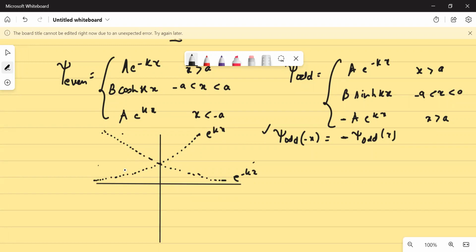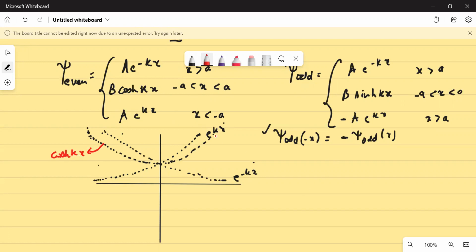If you want to make a sum of all these things, basically the sum will lie somewhere in between. At x equal to 0, it is equal to 1, and then it rises again on both sides. So this is how your function cosh kx looks like.